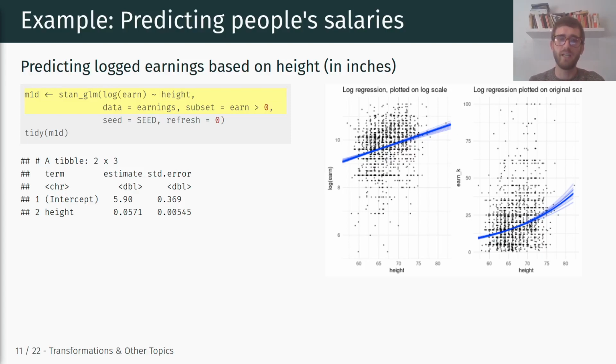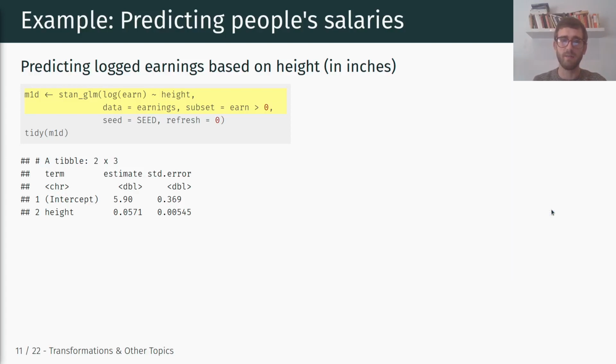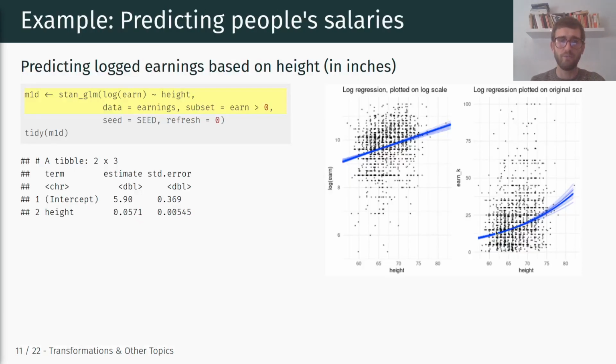But we can also transform that back onto the original scale, here looking at our earning variable in thousands, and we can see how we fit, similar to the example that I showed you here, now fit this curved line for a logarithm or logged outcome measure.